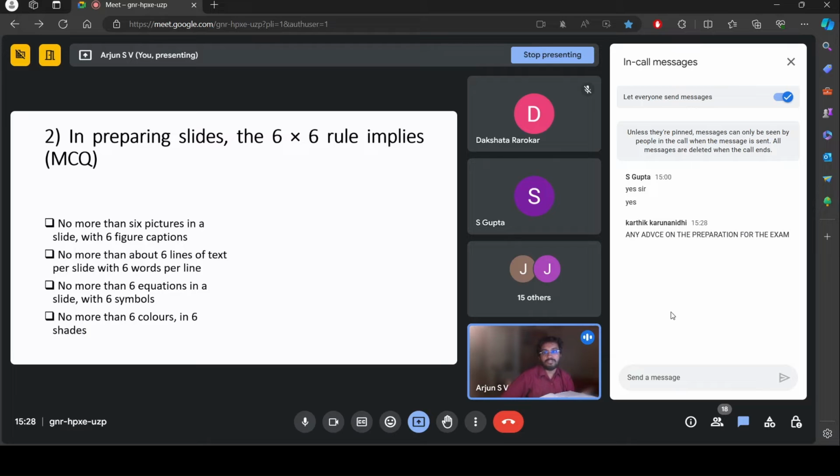That will be the general rule of thumb. But with respect to text, you always have the 6 by 6 rule, that you should not have more than 6 lines of text, and in each line you must not have more than 6 words. Try avoiding 6 words. You need not have complete sentences in a PowerPoint slide. You can always shorten it to phrases which are as meaningful as the whole sentence.